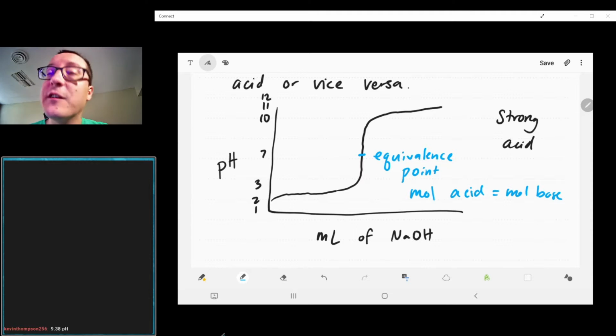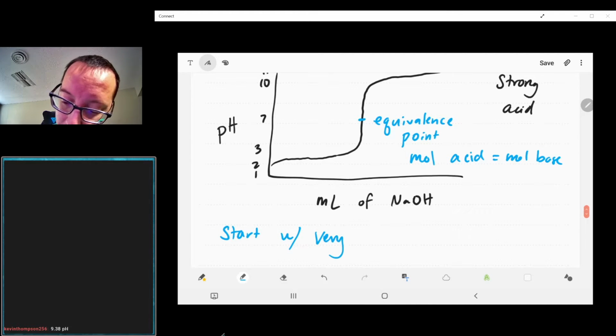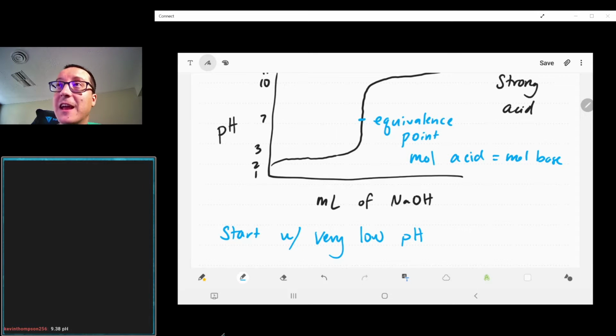That is what we're going to define the equivalence point as. And so there's a couple of things we can see about this particular graph that are of interest to us. Notice we start with a very low pH before we add any base there.